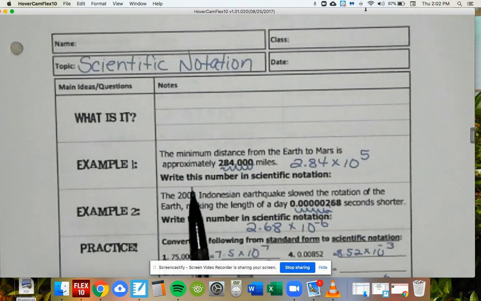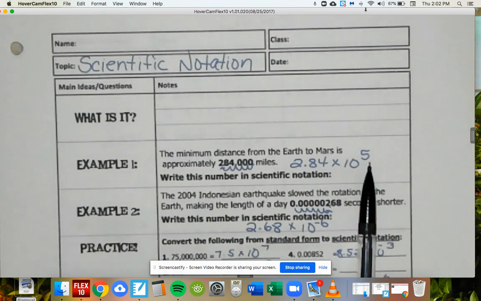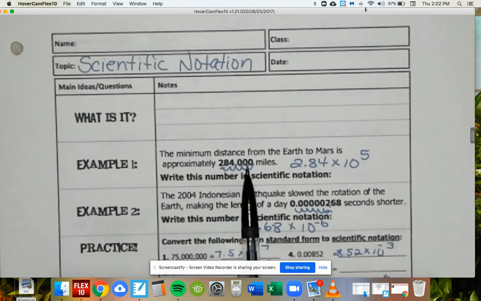So in this example, the number 284,000, the decimal is hiding out here at the end on the right. In scientific notation form, we need to move it so that our number in the highest place value is in the ones place. So you move it all the way over between the 2 and the 8, and that ends up being 5 jumps. So it's 2.84 times 10 to the 5th. It's not about counting zeros, it's about moving the decimal.